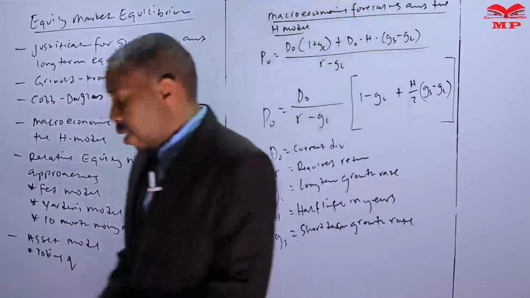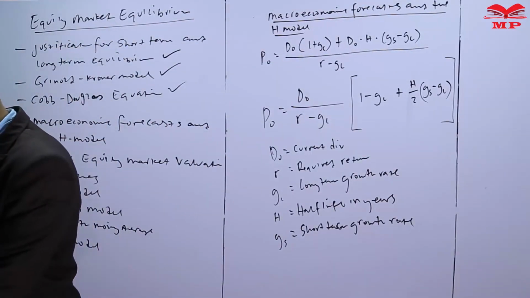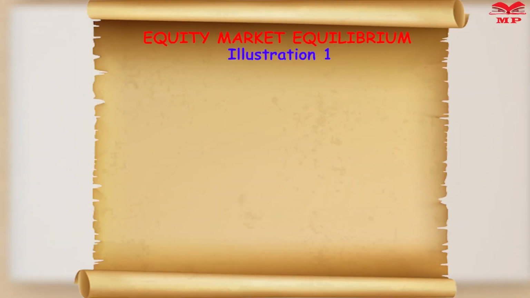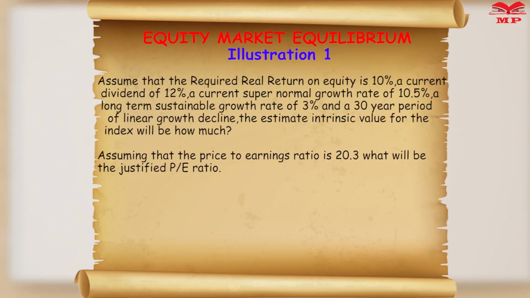Let's try an example that can reinforce our understanding. Assume that we have a required real return on equity of 10%, a current dividend of 12, a current supernormal growth rate of 10.5%, a long-term sustainable growth rate of 3%, and a 30-year period over which the growth is expected to decline linearly.